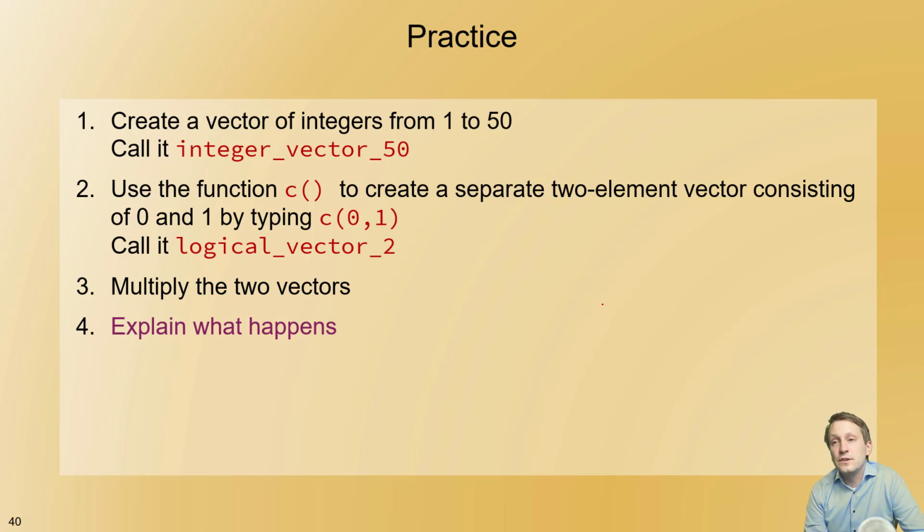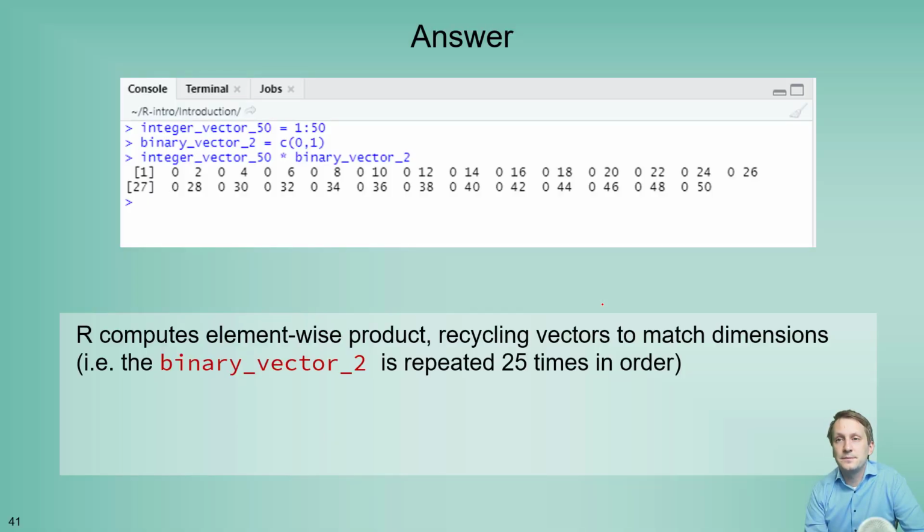So just a vector of length 2 containing 0 and then 1. Call that vector logical_vector_2. Once you've done so, multiply those two vectors and then think about what happens. So actually do that, pause the video, think about this, and then resume the video to see what the answer is.